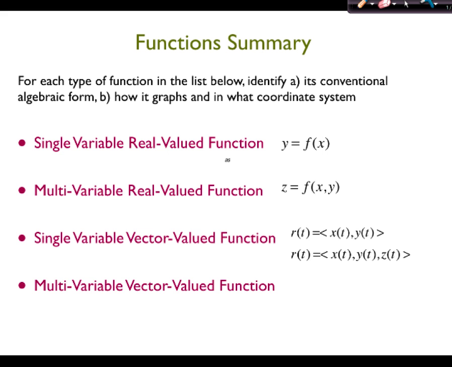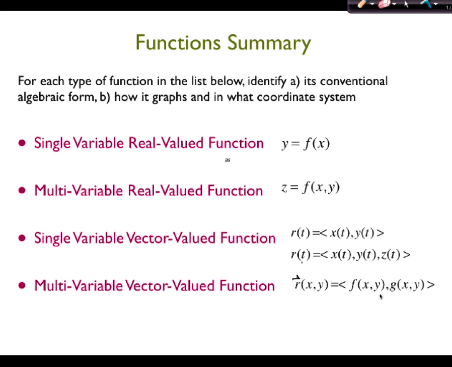Have we seen those? We have not, and that's what we're going to do next, a multivariable vector valued function. So now you have more than one input variable, and for each combination of those parameters, it spits out a vector. So here's the ones we'll work on first. We've got two variables, x and y.